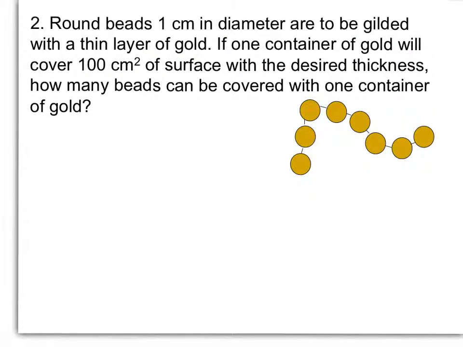Number 2 says round beads 1 centimeter in diameter are to be gilded with a thin layer of gold. If 1 container of gold will cover 100 centimeters squared of surface with the desired thickness, how many beads can be covered with 1 container of gold? They told us that they're 1 centimeter in diameter, which means the radius is half a centimeter.